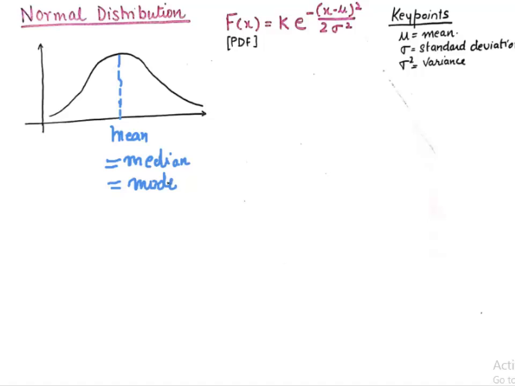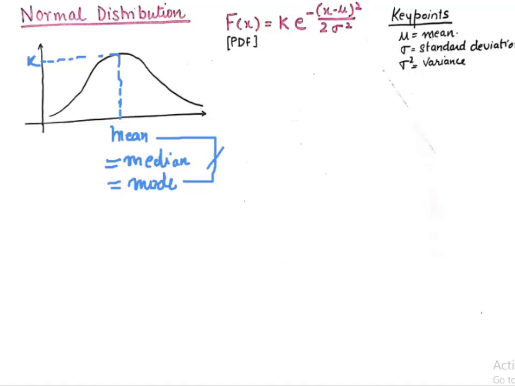So that's a very important property of normal distribution, and mode is, by the way, the point at which you get the maximum probability. So in other words, you could say mean and mode coincide in case of normal distribution.